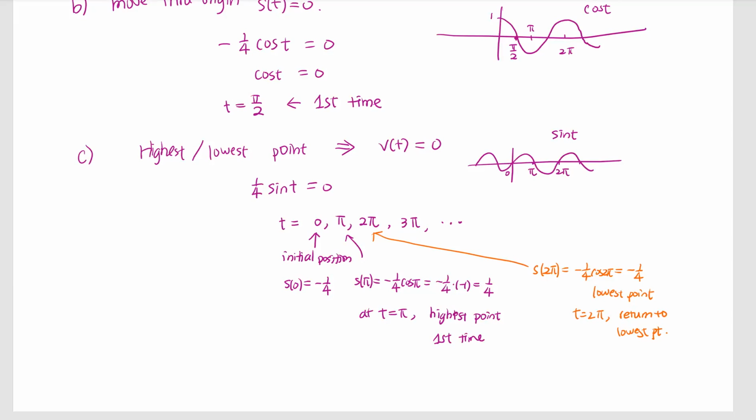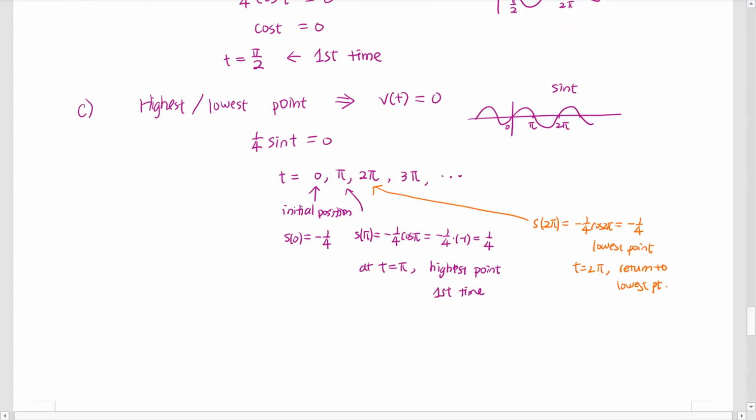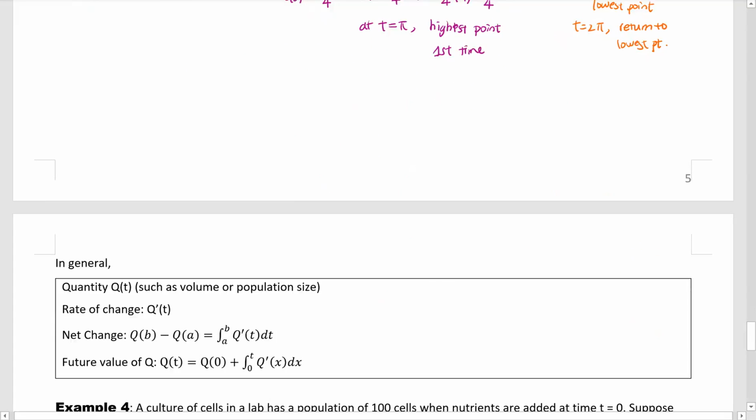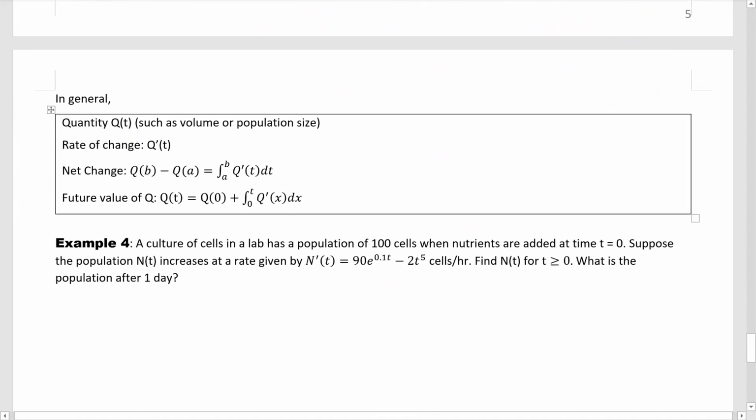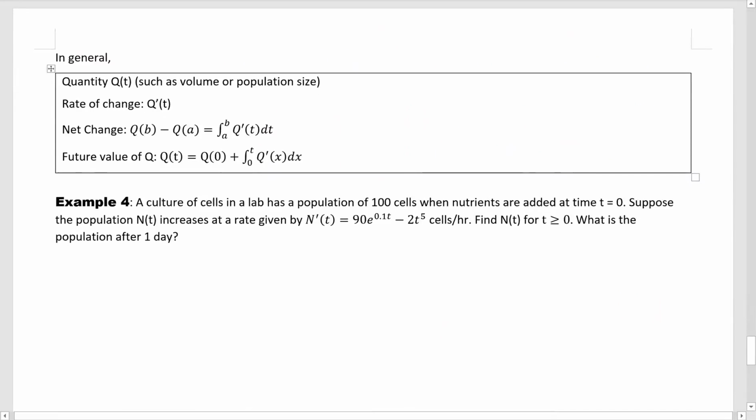So that is example 3. In general, we not only can work with one-dimensional motion, acceleration, velocity, and displacement. We can have a quantity Q of t, such as volume or population size.